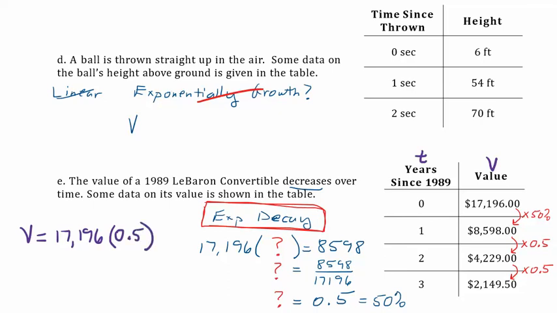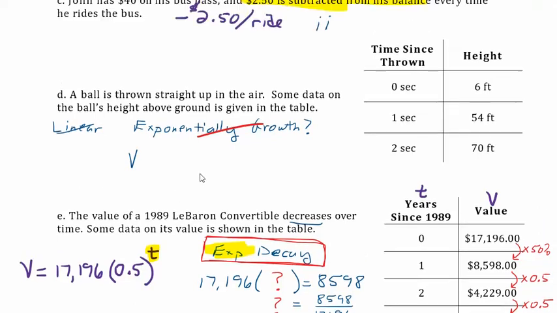And how many times would I multiply by 0.5, say, to get down here to 3 or to 15 years? However many years there are. So that's going to be to the t power. Exponential decay is always going to have the variable in the exponent. That's a good little way to remember that.